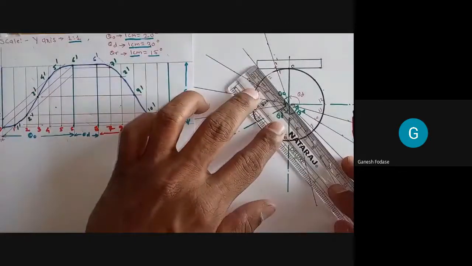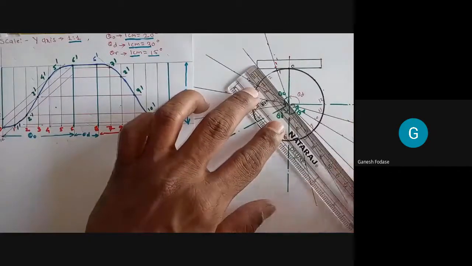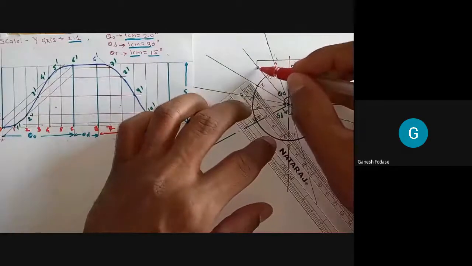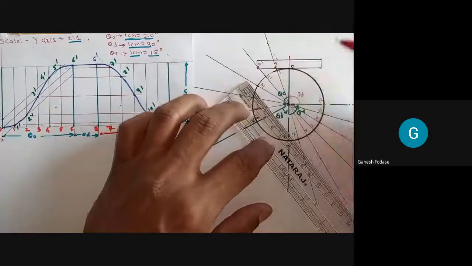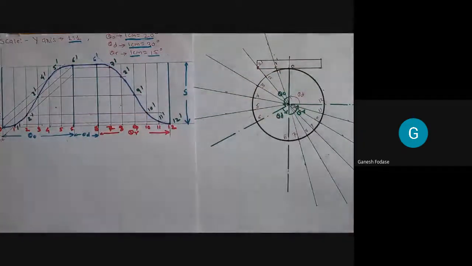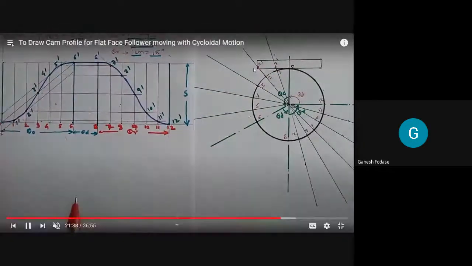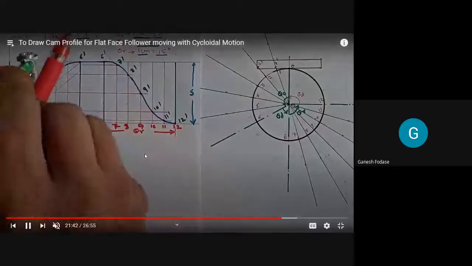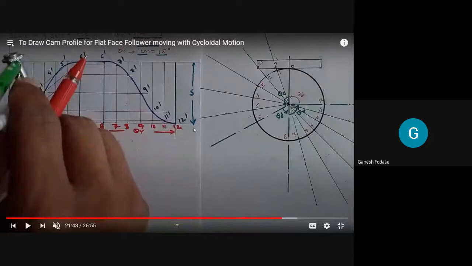So here also we get 2 dash on the follower axis passing through 2. I think it is clear up to here. Any doubt up to here? In order to transfer distances, any doubt up to here in this cam profile? Yes or no? No. Okay.